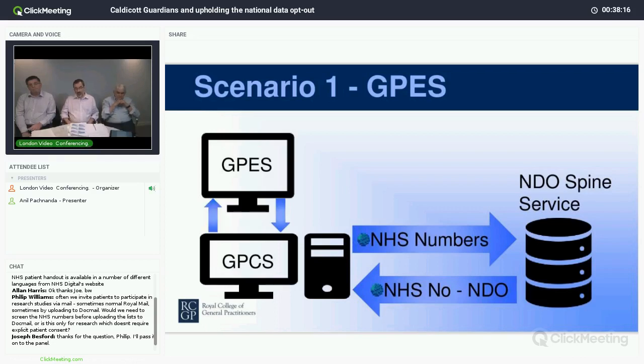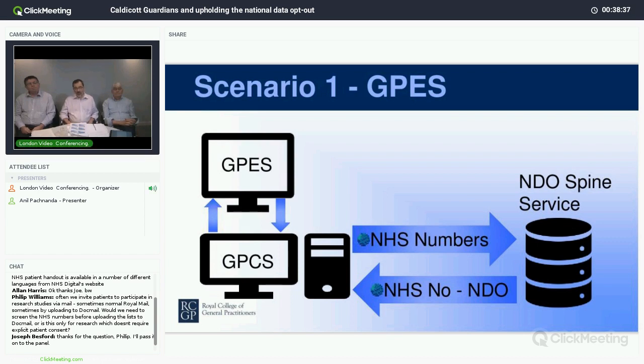The GP clinical system now runs the report to produce the required data on that redacted list of NHS numbers and sends it back through GPES to be disseminated to whoever is going to be using that information. So that's a nice straightforward process.